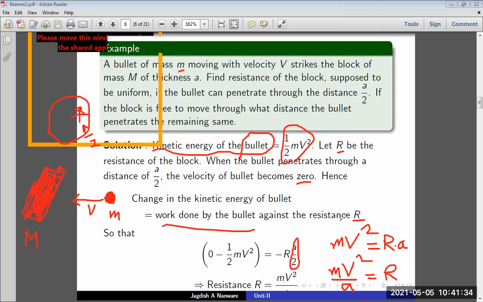Now, for example, here we have a bullet. Say we take the mass of the bullet as 50 gram.